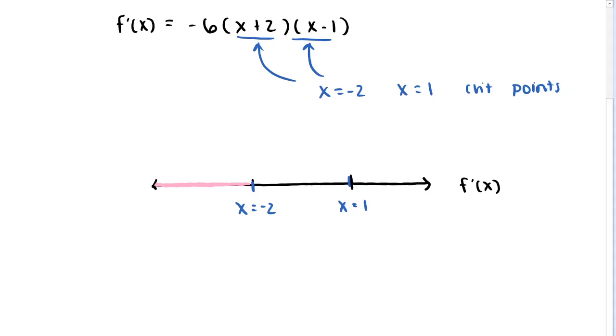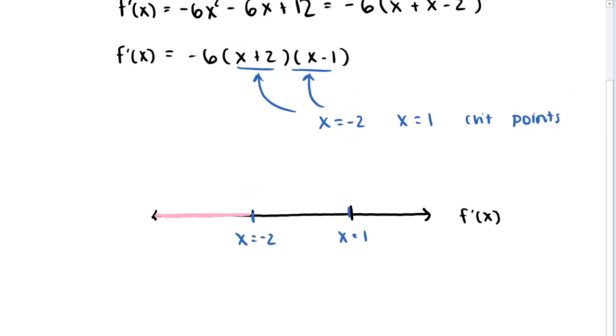So if I imagine plugging in some really large negative number into our derivative function, this factor will be negative, right? If I plug in like -100, this factor will be negative, this factor would be negative, and this factor would be negative. And if I multiply 3 negative things together, my result is still going to be negative, right?